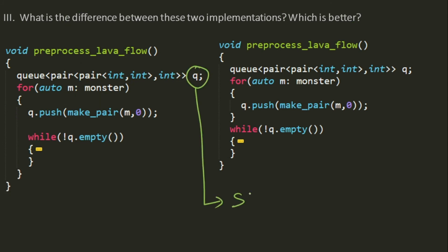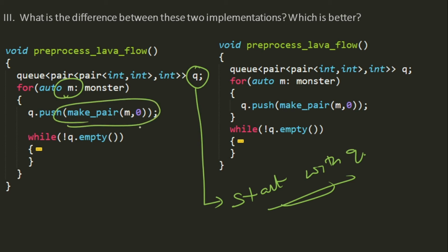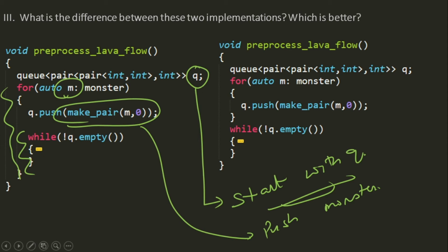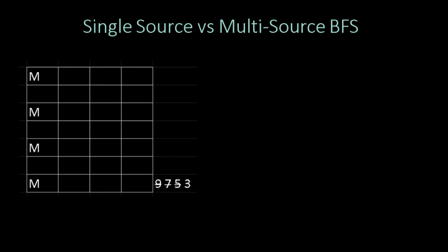We start with an empty queue. We take each monster, we push the monster, and then we propagate it. Okay, that's what is going on in the left hand side.